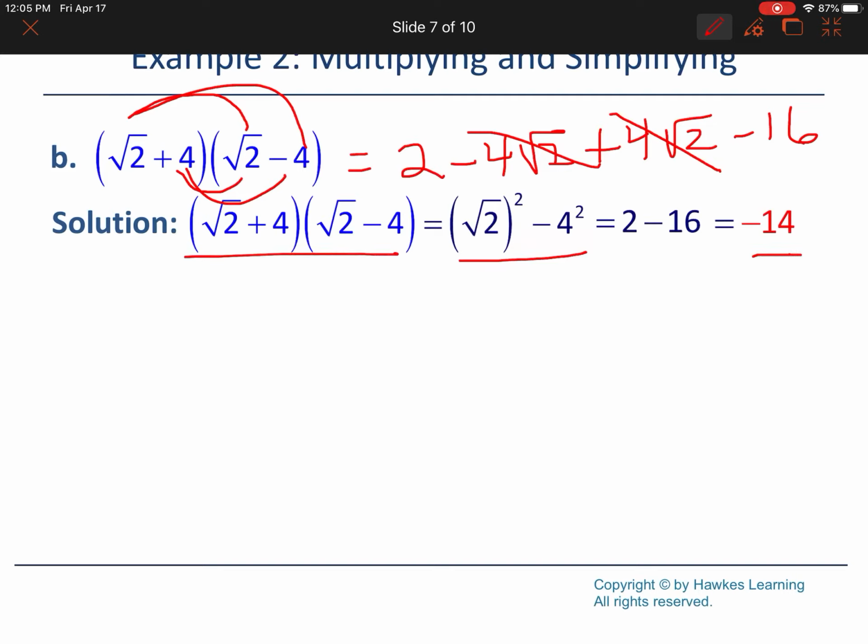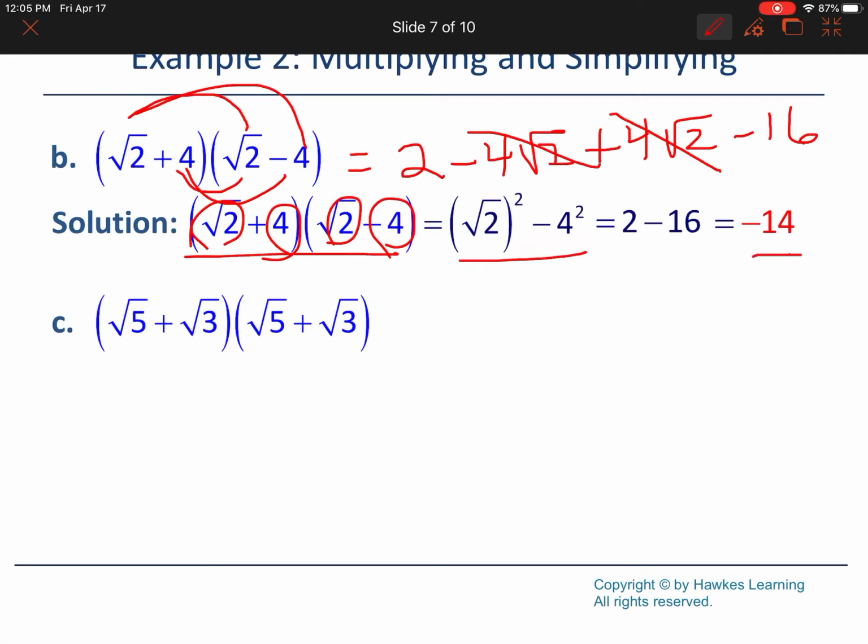And that is an important thing to remember because we call these conjugates when they are a plus and a minus of each other, right? Same number in front, same number in the back, but one's a plus and one's a minus. Those are called conjugates, and if you multiply them together, they get rid of all your radicals.